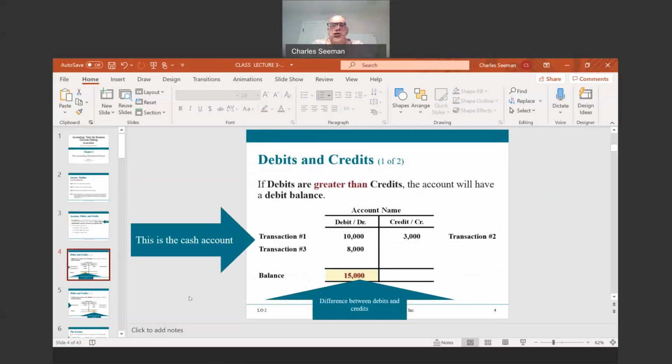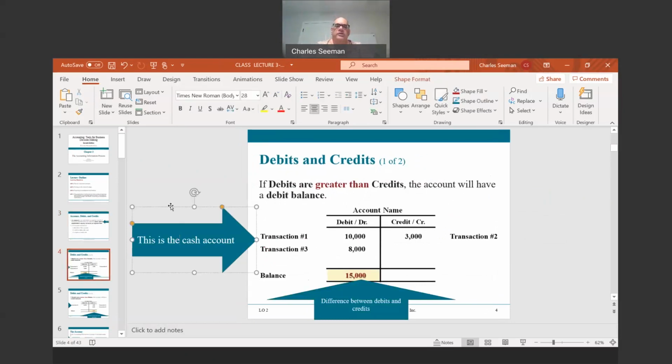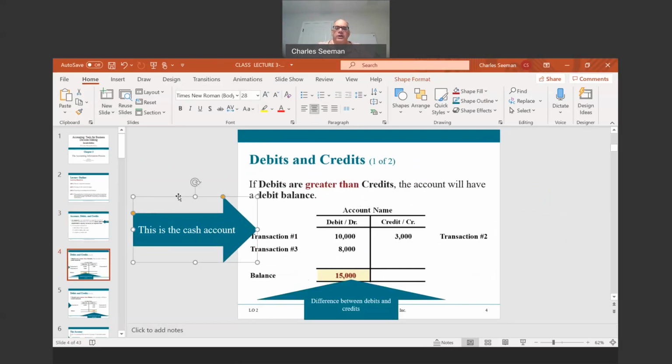If debits are greater than credits, the account has a debit balance. Let's pretend this is the cash. The cash account is an asset account. All asset accounts are on the left side of the accounting equation. All other accounts have their normal balance on the right.